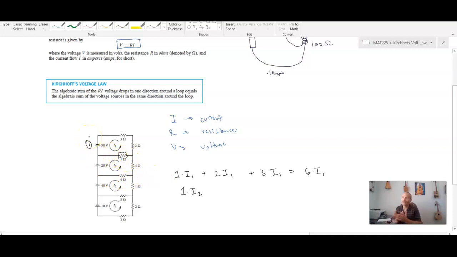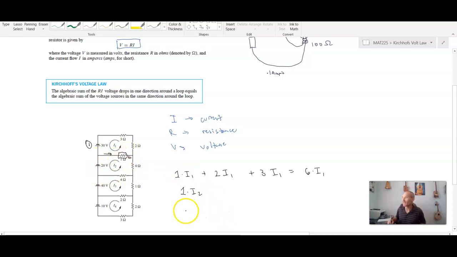This is where electronics can be a little bit different. Current flows this way via I1, but via I2 it flows back this way because of how we see the current flowing inside of this second loop.